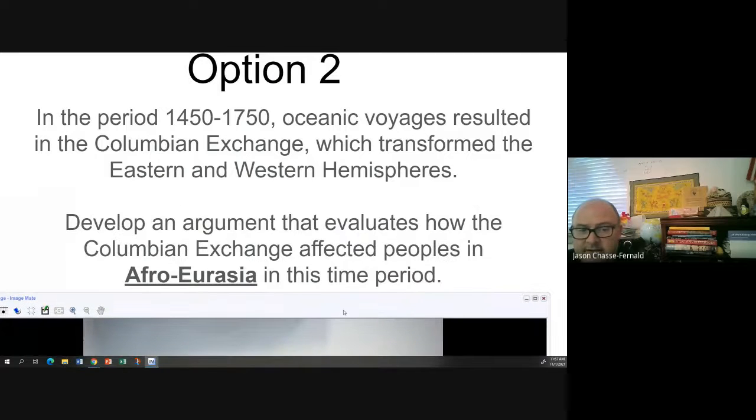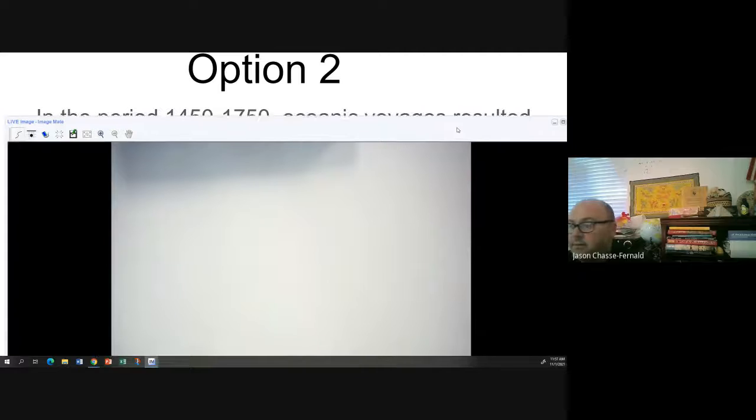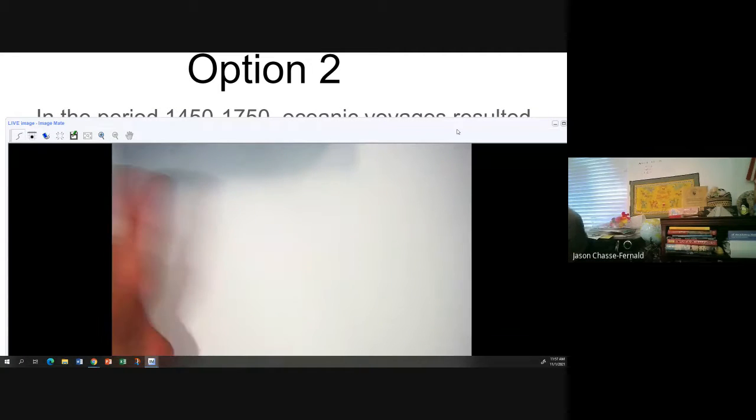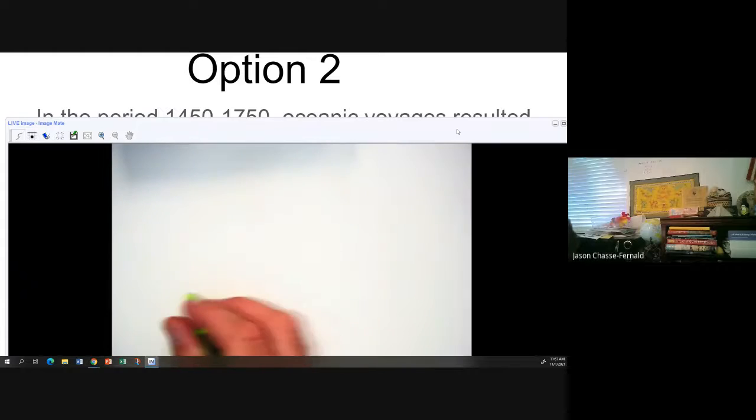We're looking to answer this prompt, to come up with some ways to address the topic, developing an argument that evaluates how the Columbian exchange affected peoples in Afro-Eurasia in this time period. So what we're focusing on today is coming up with categories of analysis. We seem to do this all the time.